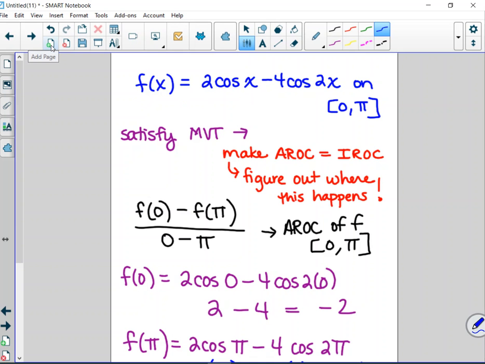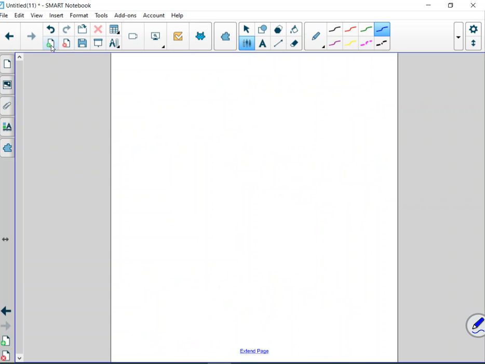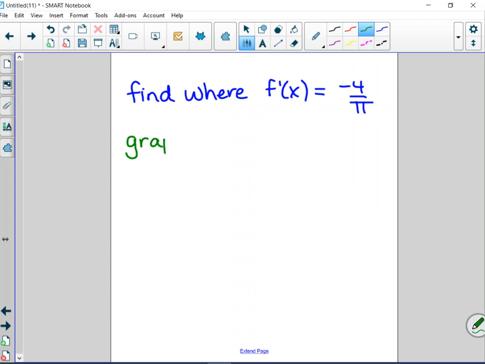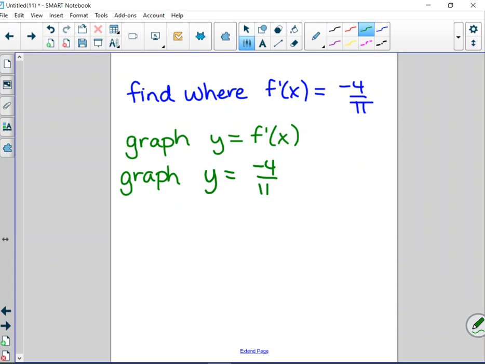I got to come up with where the derivative equals that, and the way I'm going to do that is I'm going to graph y equals f prime of x, and graph y equals negative 4 over pi, and find all the intersections between those two, because that's the limitation.